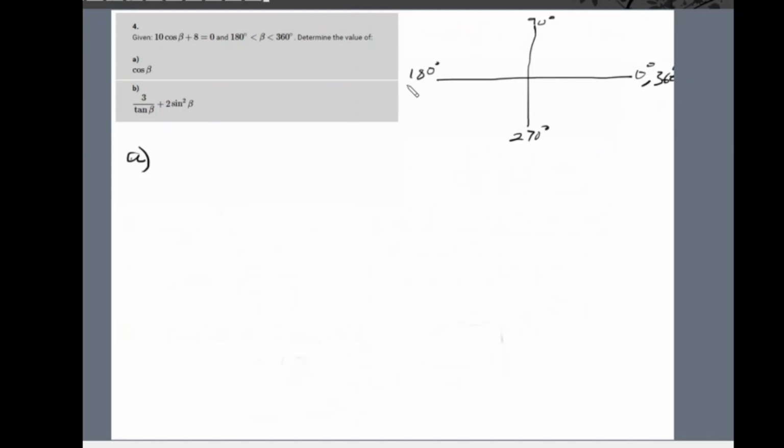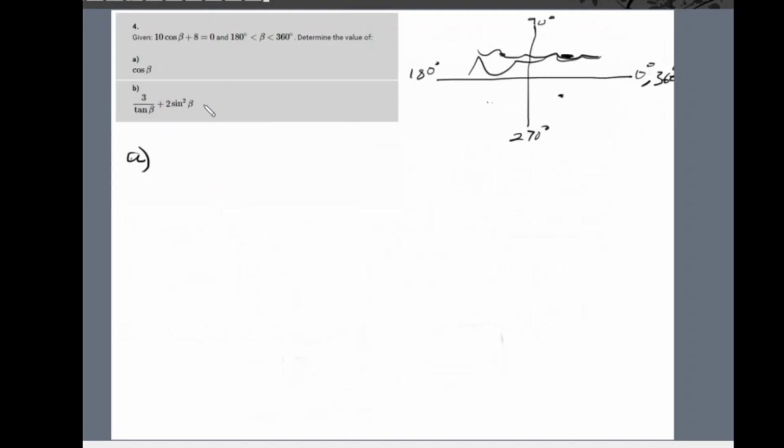So they tell us that beta is somewhere between 180 and 360. We know cos is only positive in the first quadrant and the fourth quadrant. But since we are not focusing on the first and the second, we'll only consider the fourth quadrant and the third quadrant.